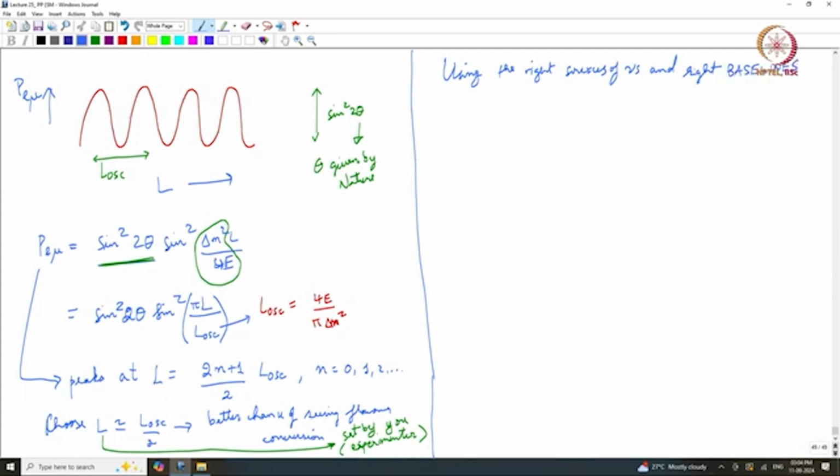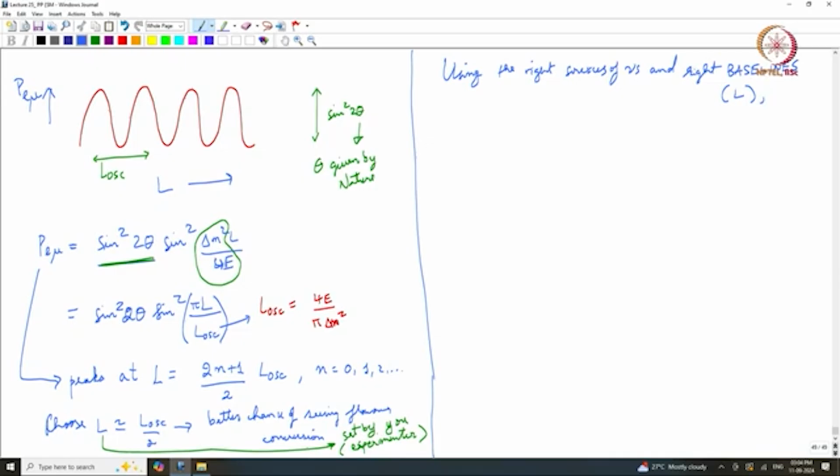I have introduced a word here. Baseline is nothing but L, okay? So I kept saying length, but the word people use in this context is baseline, okay?